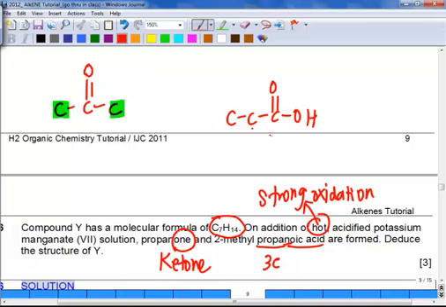Which number? Can you please take down? Top or the bottom? Top. Very good. Because oxidation functional group should always take. Correct. So over here, your CH3 must be number 2.